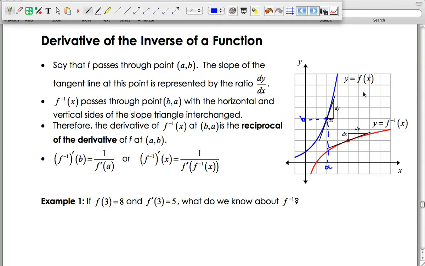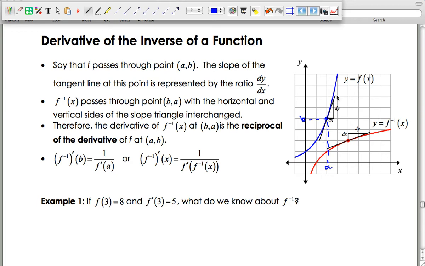The function is f of x, and we could say that the derivative, or the slope of the tangent line at a, could be represented by the ratio dy over dx. In other words, rise over run.